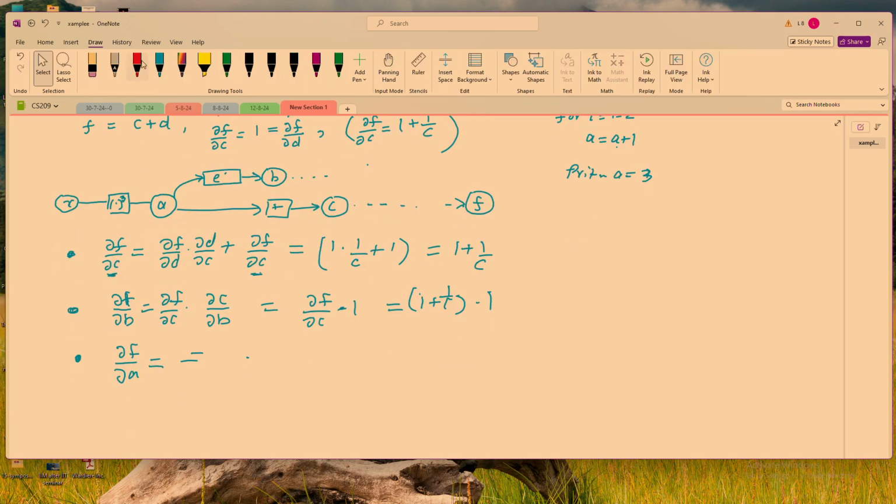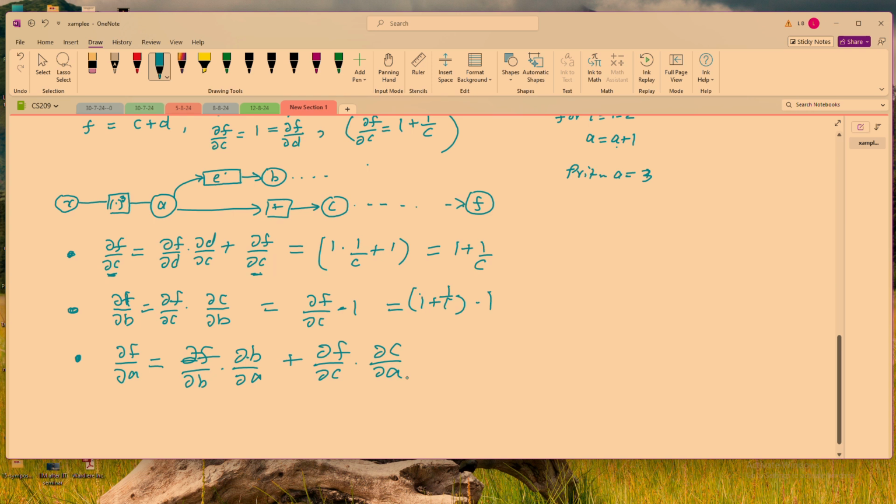Thank you. So now what I'm saying is, instead of worrying about df over dc, dc over db, db over da, since we have already computed df over db and we have computed df over dc, we just read from these two which reach a. So we'll say df over db into db over da plus df over dc and dc over da. Is that okay, Hardik?